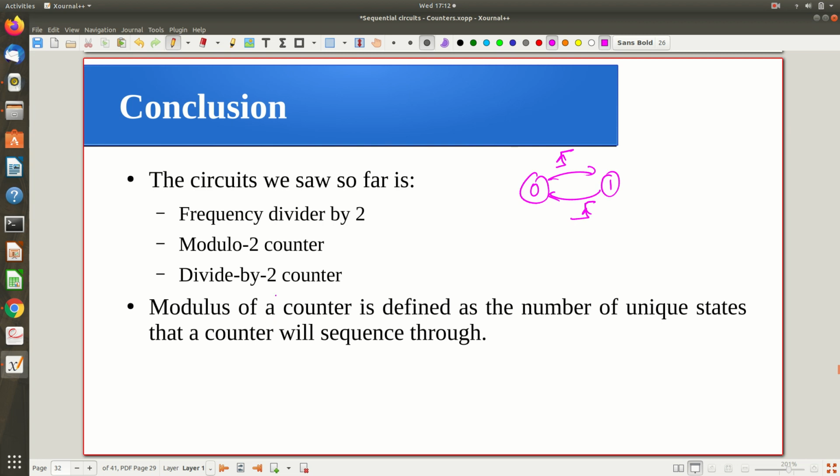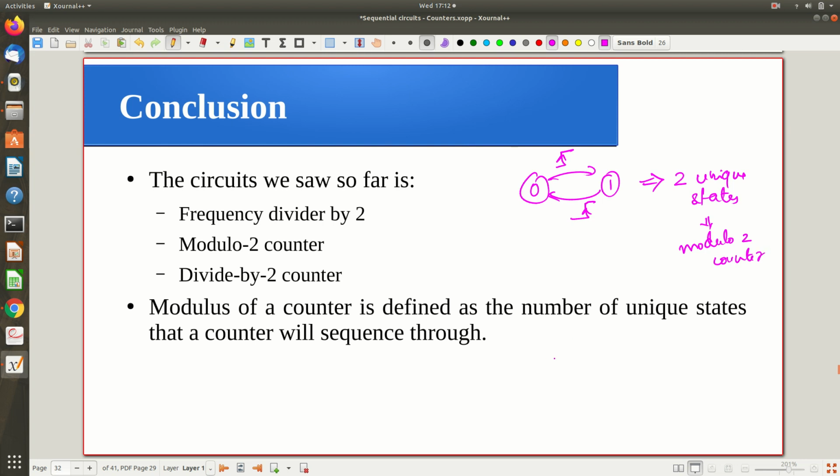The modulus of a counter is defined as the number of unique states that a counter will sequence through. So how many unique states? Here it is sequencing through 2 unique states, right? That's why you call it a mod 2 or modulo 2 counter.